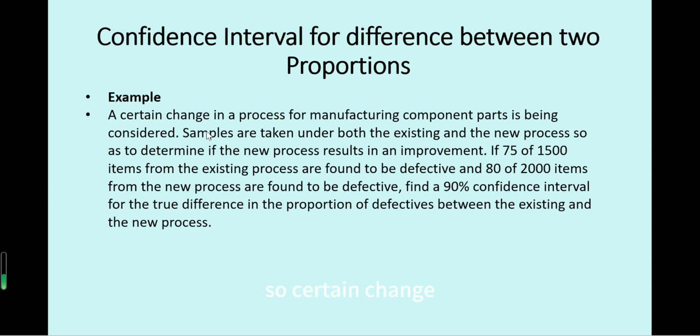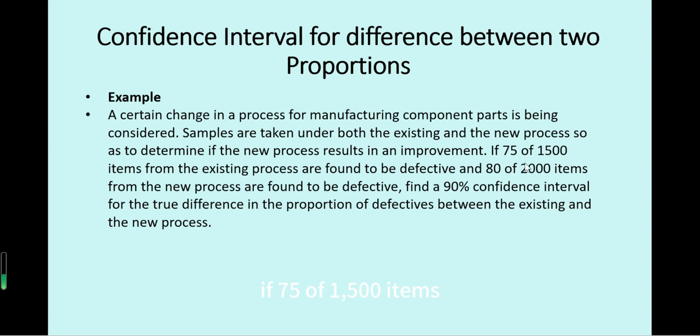A certain change in a process for manufacturing component parts is being considered, and samples are taken under both the existing and the new process, so as to determine if the new process results in an improvement.